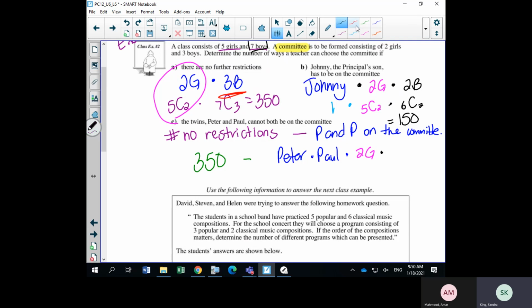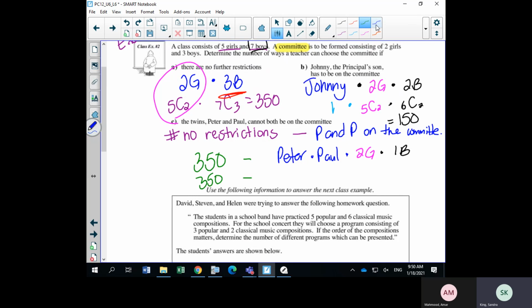And how many boys would be left to choose from if Peter and Paul are on the committee? I got 1 boy left. Okay, so you're going to say 350 minus.